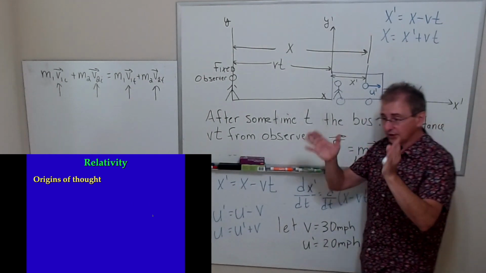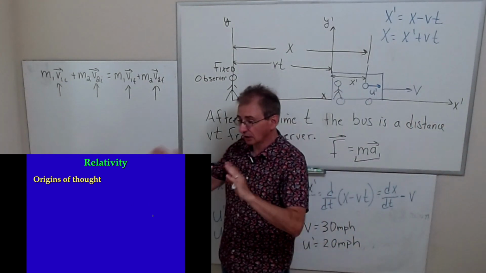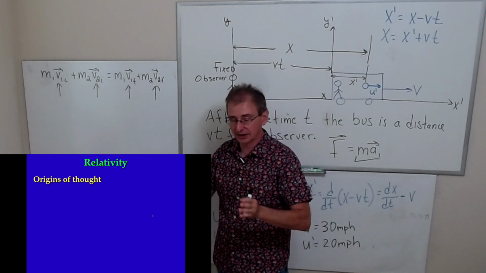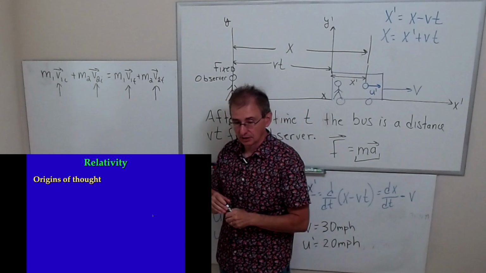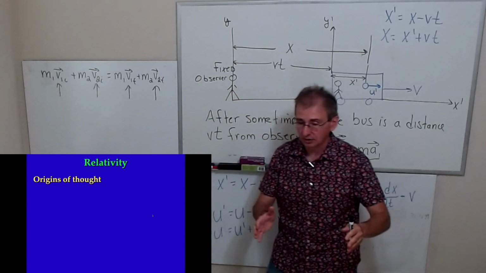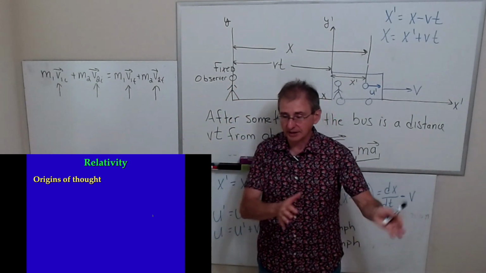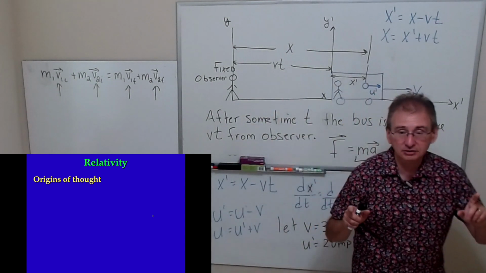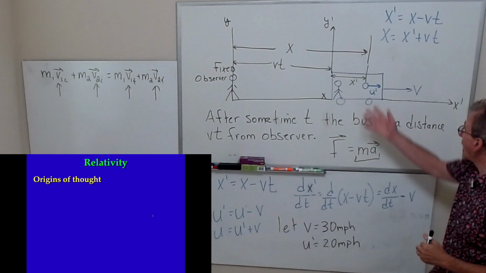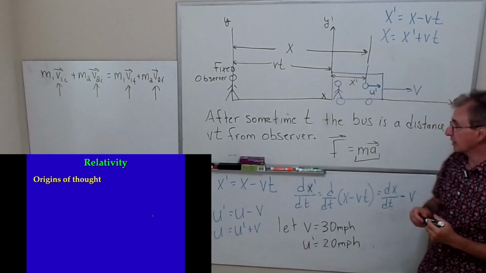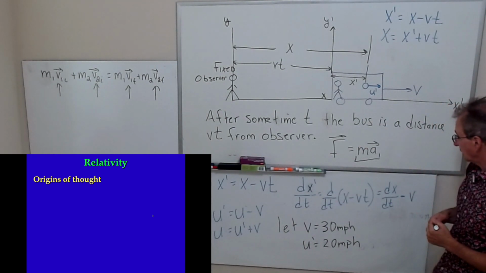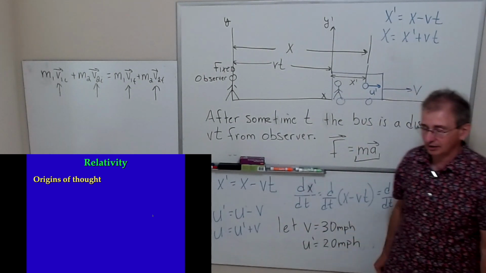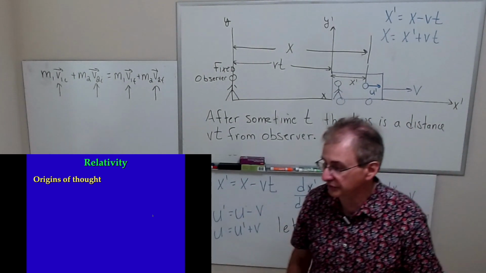So an important idea is the fact that all the laws of mechanics have the same form in any inertial frame. Okay? We're only focusing on inertial frames, meaning the reference frame, like the bus, is moving at a constant speed. By the way, like I said before, these equations can be generalized to 3 dimensions, but that's not important for the purposes of our discussion, okay?